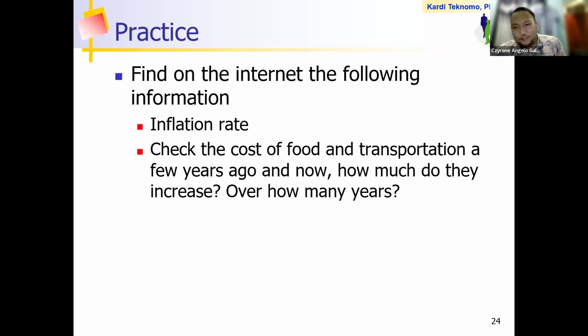So 2005 and now is 2024, about 19 years ago. So from there you can calculate the actual inflation in terms of transportation, the same as your food.